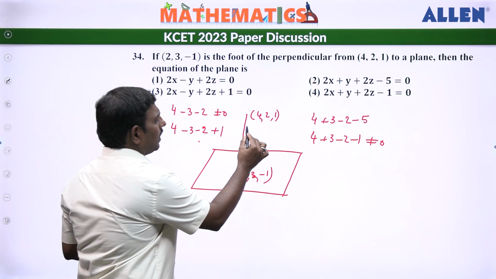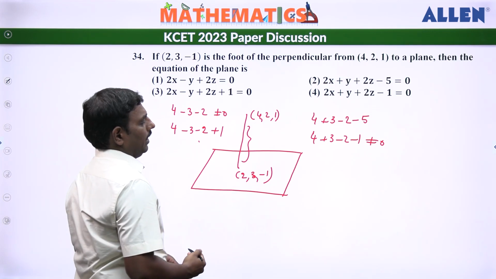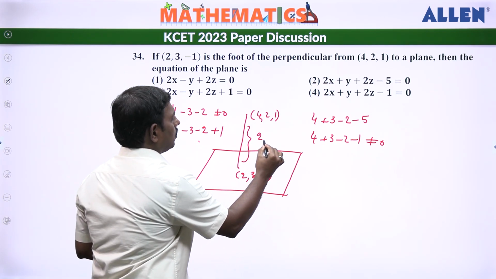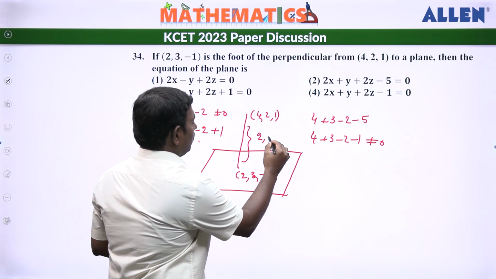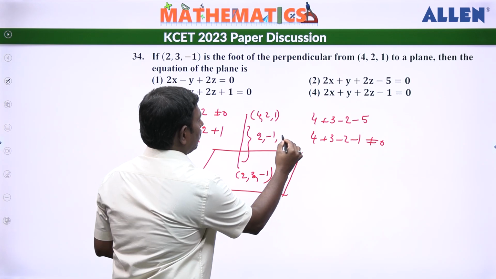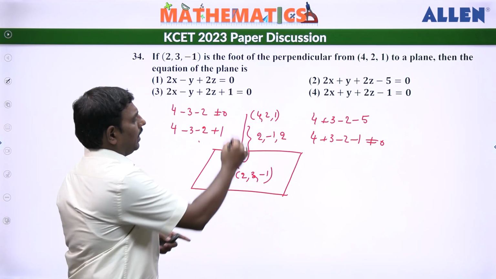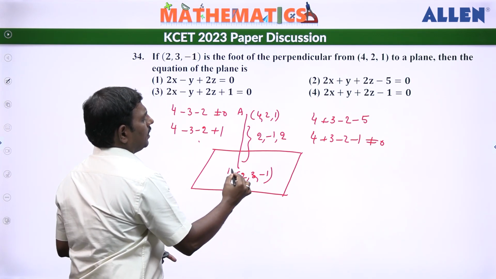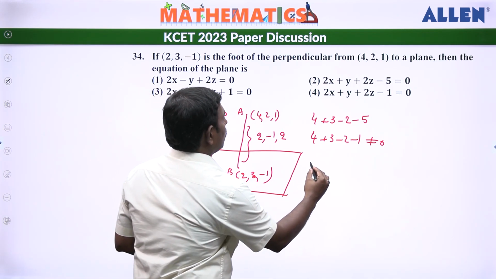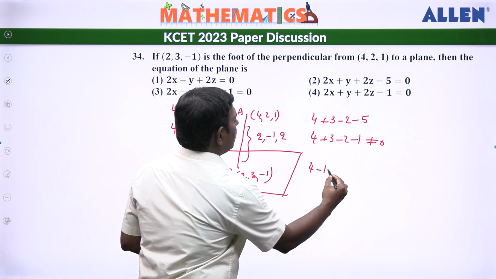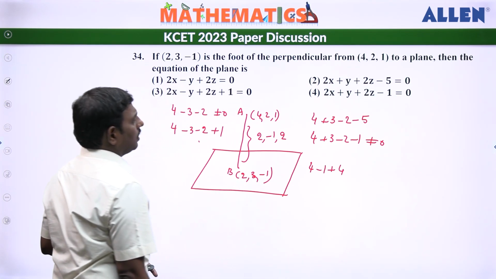Now find the DRs of the line: the DRs are 2, minus 1 and 2. So these are the DRs of the line AB, and the dot product with the normal of the plane should be 0. Now check option number 2: its normal gives a non-zero dot product.